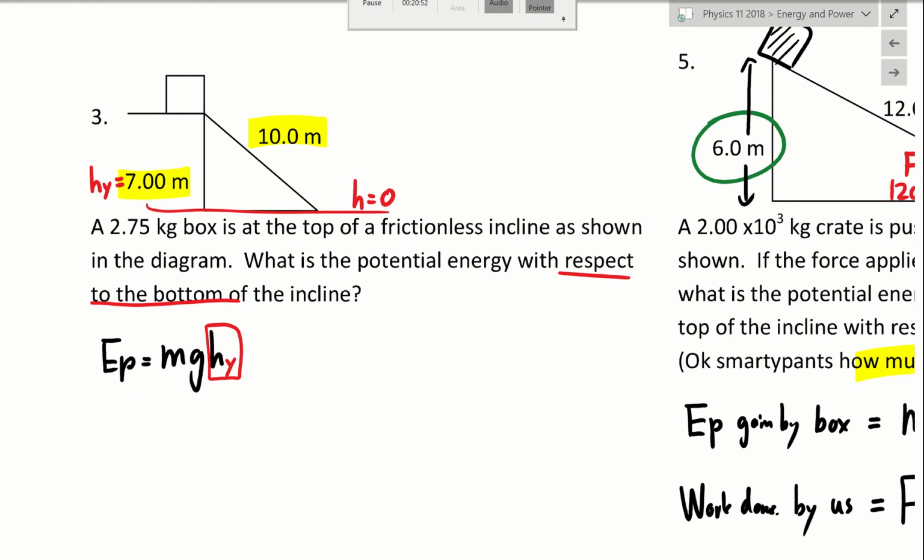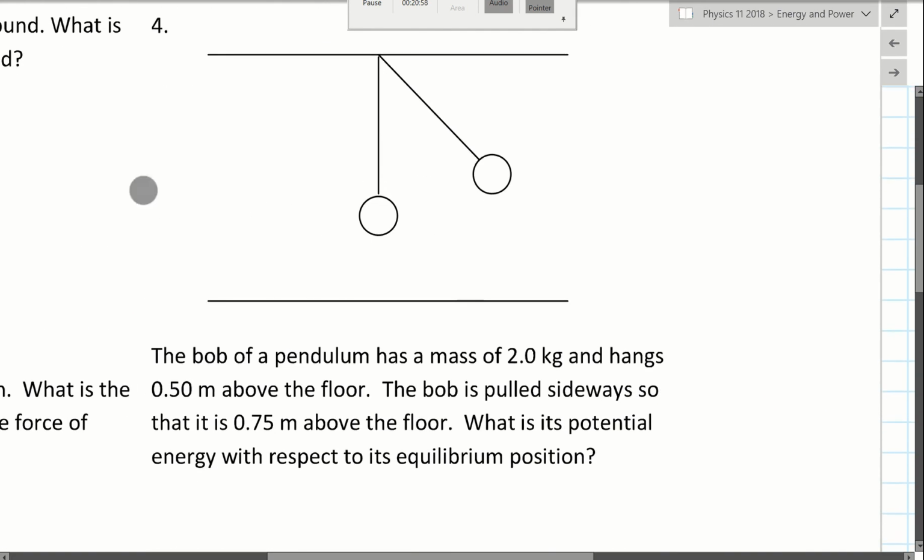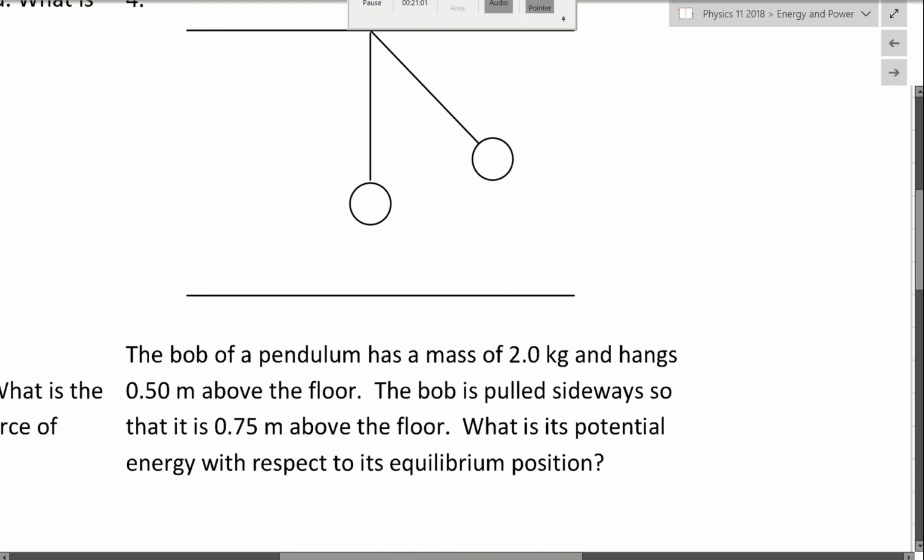Now how about a pendulum? If you look at question 4, that's a pendulum, the bob of a pendulum. At the lowest point it is 0.5 meters off the ground. At the highest point it is 0.75 meters off the ground. What is the potential energy with respect to its equilibrium position?